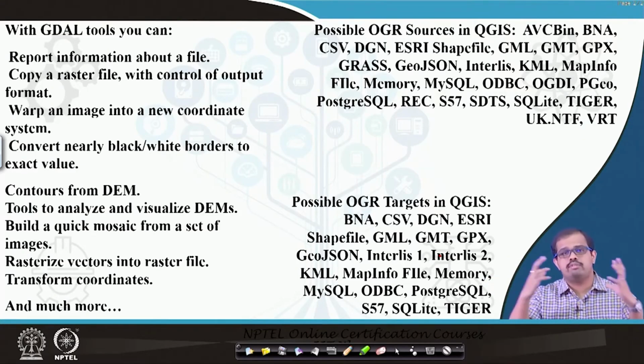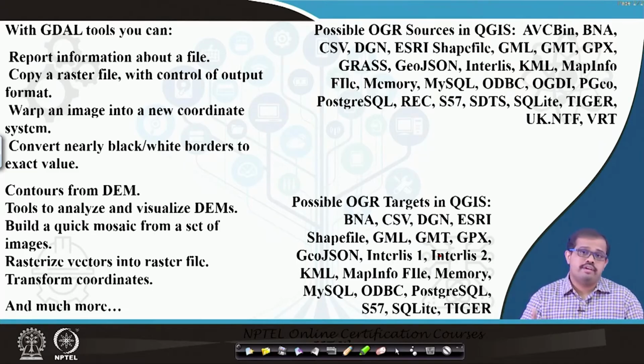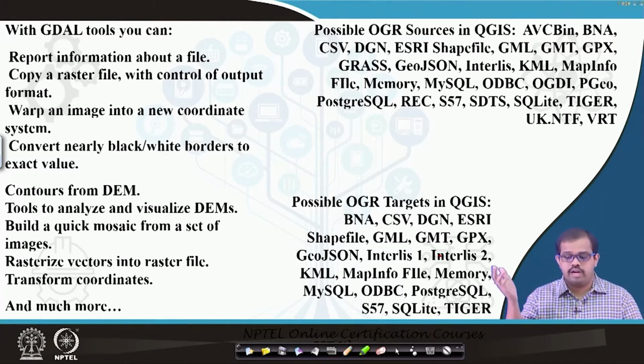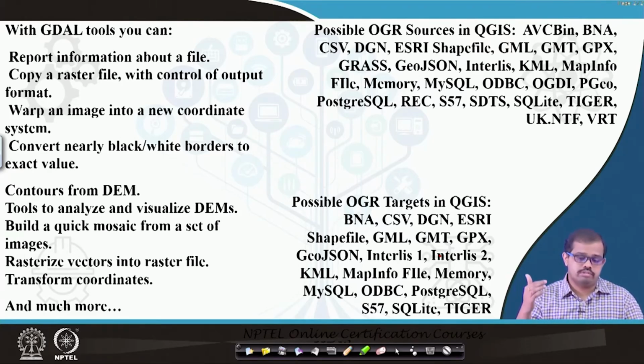And when you look at OGR, it has a huge number of formats that it can support, whether it is AVC bin, BNA, CSV, which is your comma separated value format, then DGN, Shapefile, and GML. The well-known Geography Markup Language, GML, is being used in a lot of contexts and is an extremely flexible language. Then you have GMT, GPX, and GRASS, which has its own thing through OGR sources in QGIS.